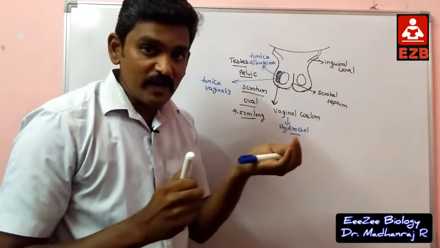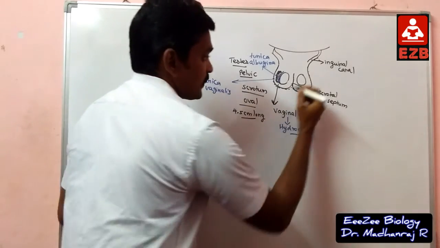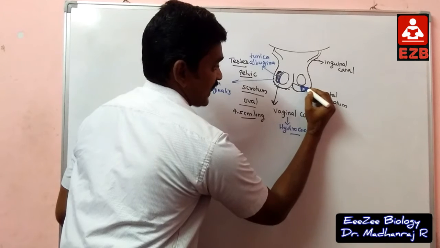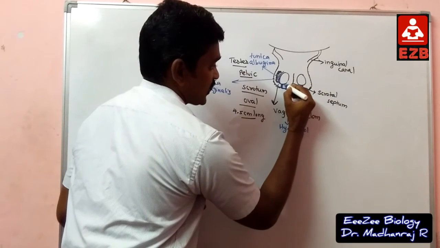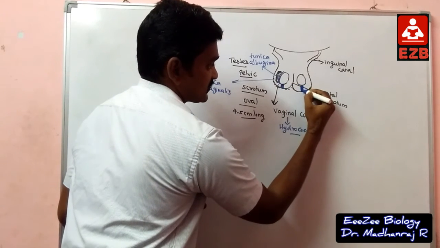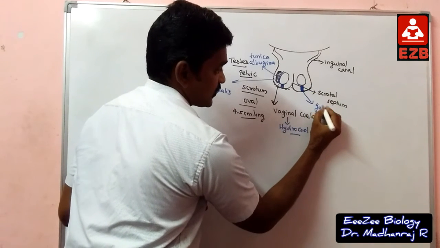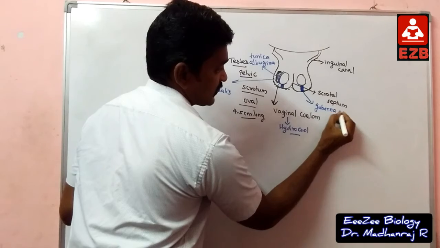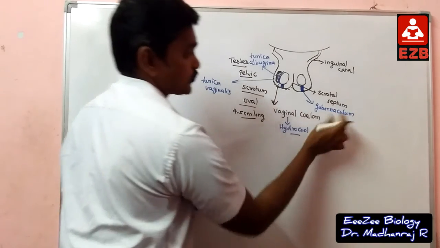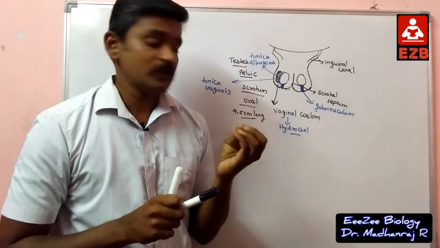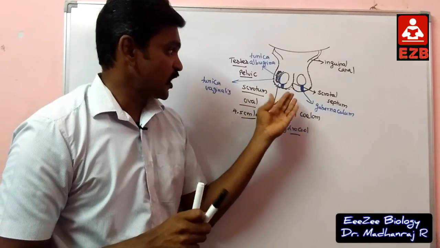After coming down they have to settle there, so there will be an attachment here. These testes will be attached to the scrotal bag with a fibrous layer, you can see here. This layer is called the gubernaculum. So through the gubernaculum only they will be attached, and this fixed position will be there.